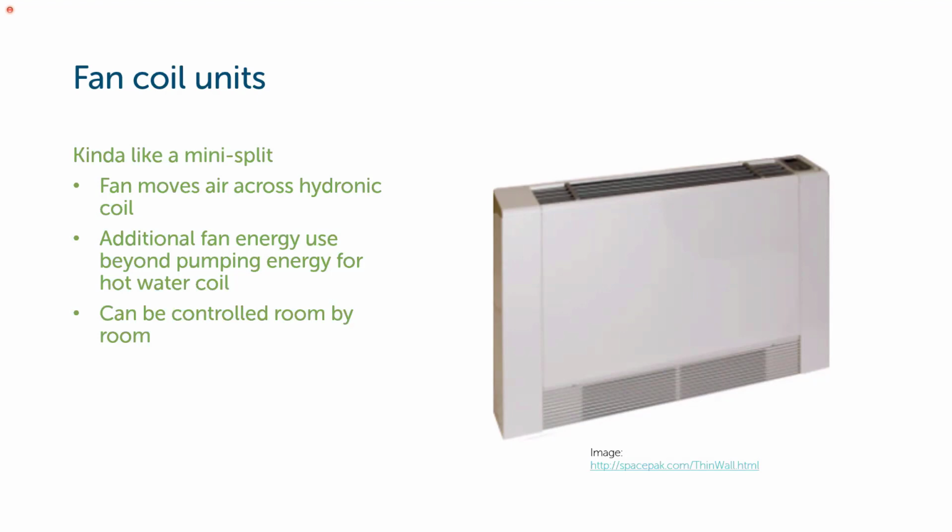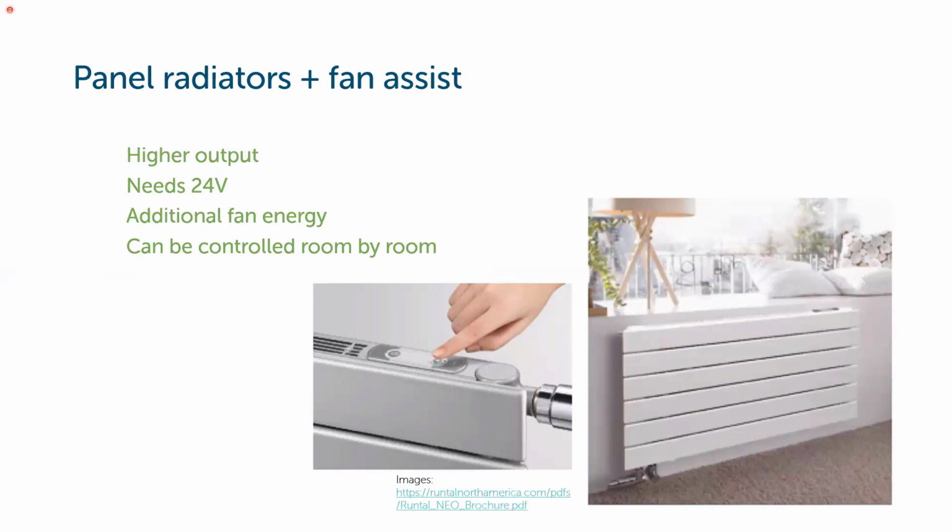Fan coil units are kind of like a mini split, where you have a hot water hydronic coil and then a blower motor and a fan moving air across that hot coil to move heat into the room. So this can be used as an alternative to panel radiators or low temp baseboard. This can also be used in a cooling application. And then panel radiators with fan assist are similar to the previous option.